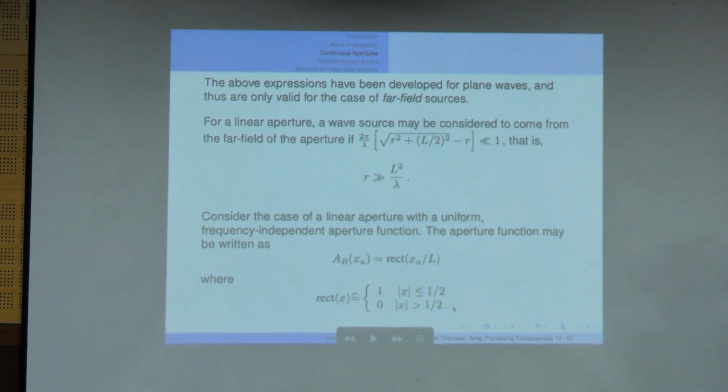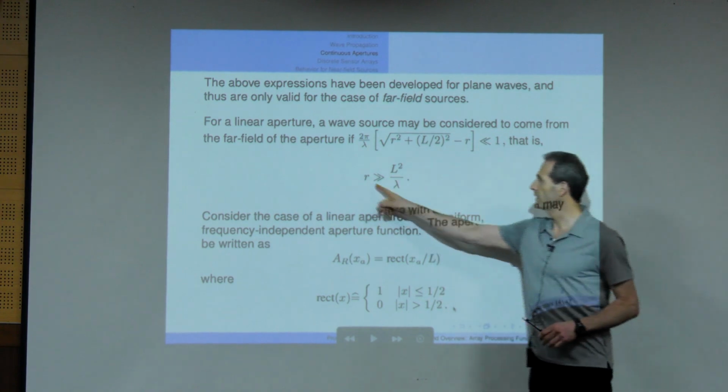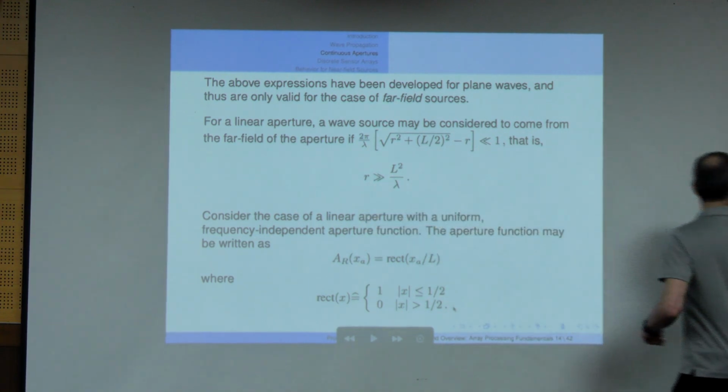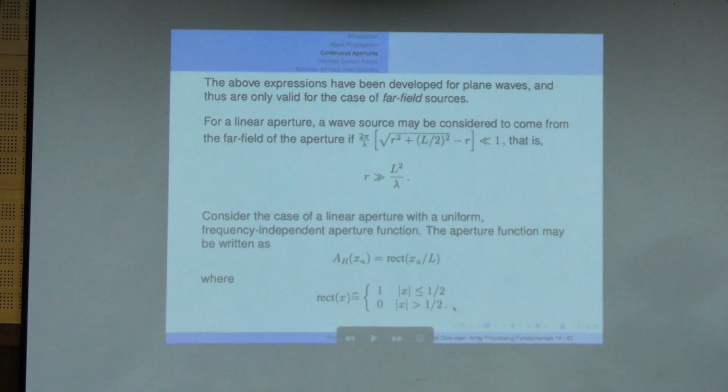And suppose that the source is here. If it's far enough, which means that R, the distance from the source, is large enough, we can assume that the wave that propagates from the source is a plane wave. How do we know if we are in the near field or far field?